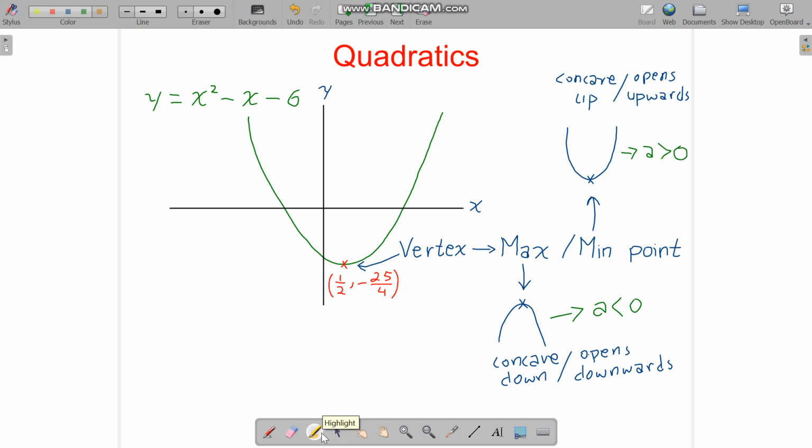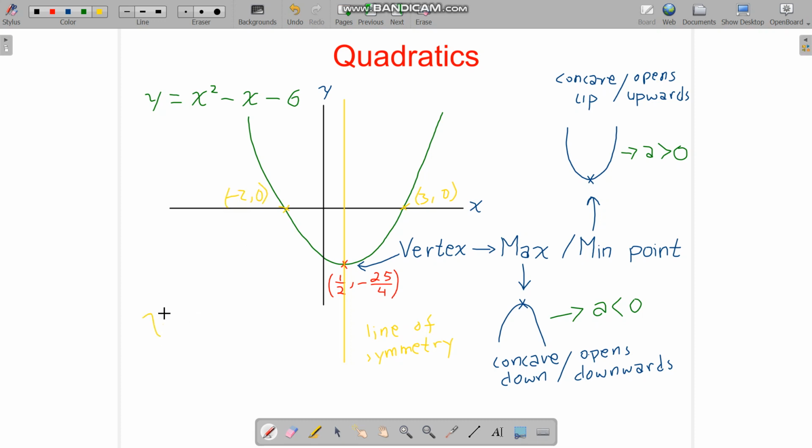The vertex is passing through the line of symmetry, or the axis of symmetry. Quadratic functions are symmetrical about the vertex. This is the line of symmetry. And we can find the line of symmetry because this is 3, 0 and this is minus 2, 0.